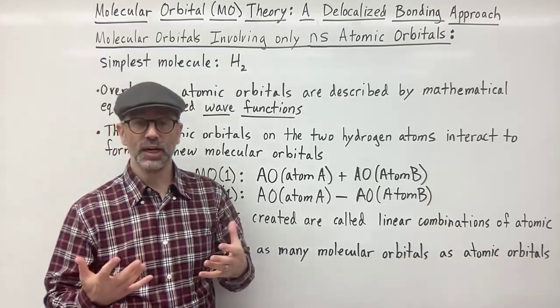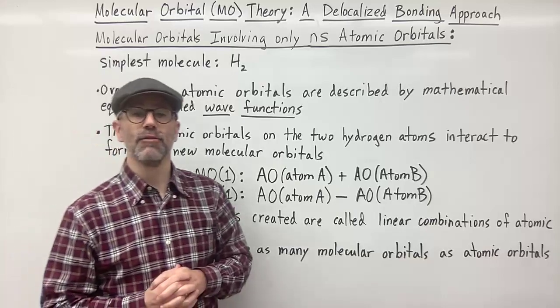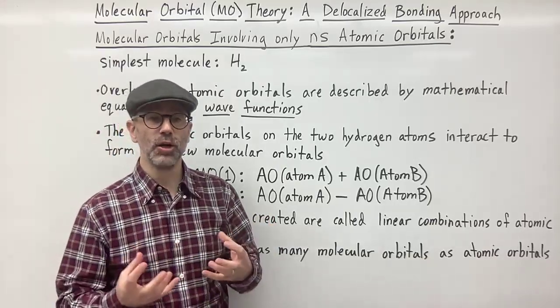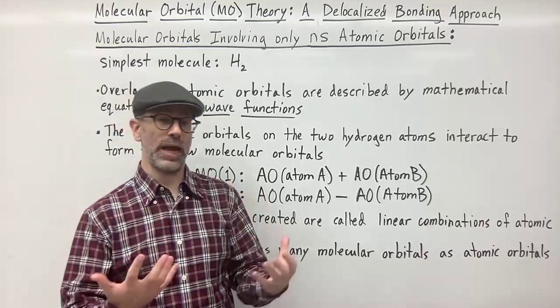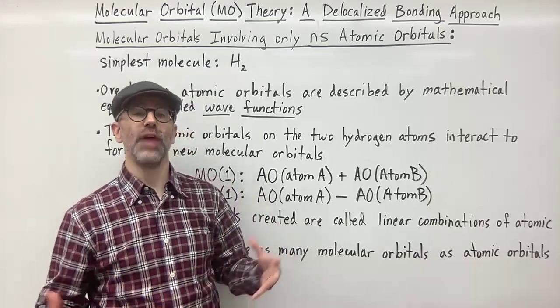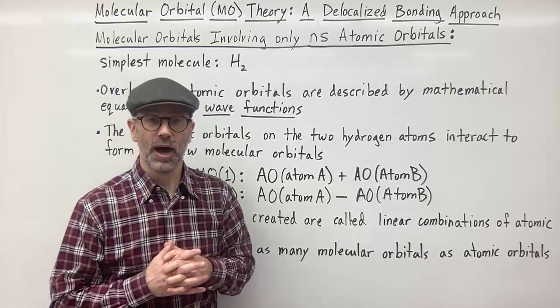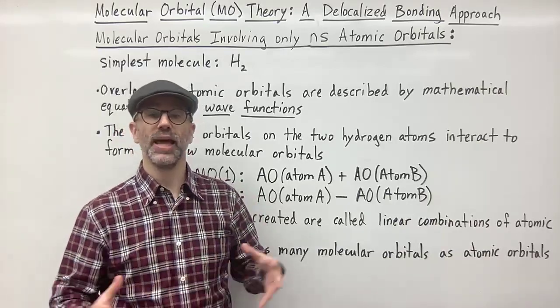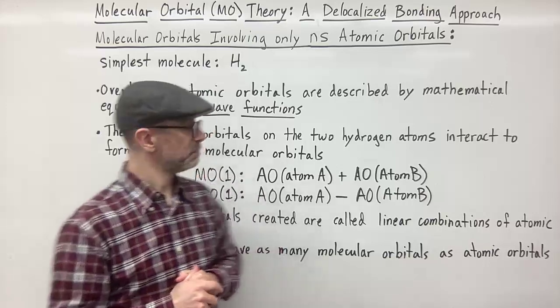Again, we're thinking of electrons as traveling in waves, right? So instead of thinking of them as particles, we're thinking of electrons as waves. And that's going to influence how we think about when they come together and interact.